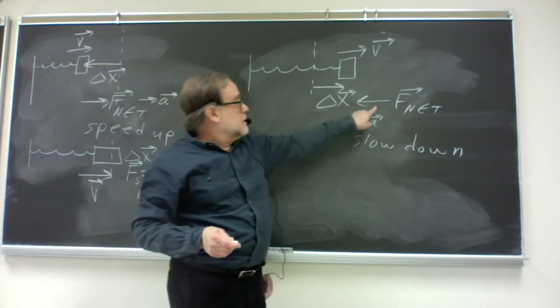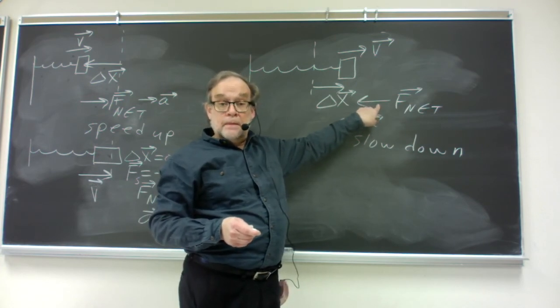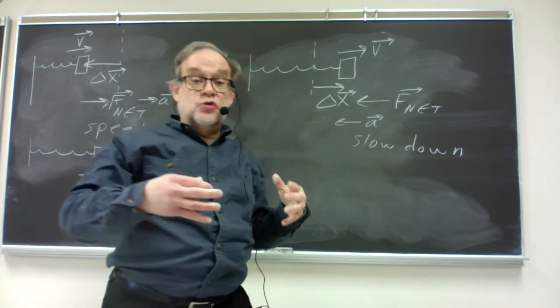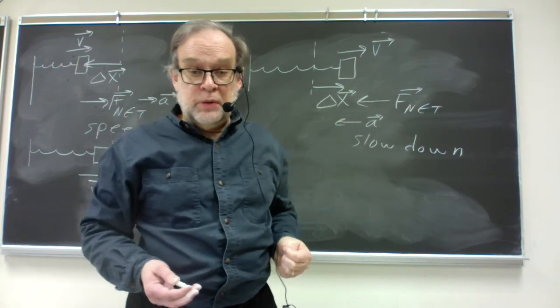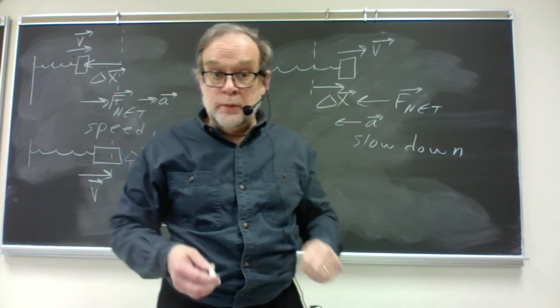So again, the net force points toward equilibrium. The net force points opposite to the displacement. That net force is trying to undo the displacement and restore the mass to equilibrium position.